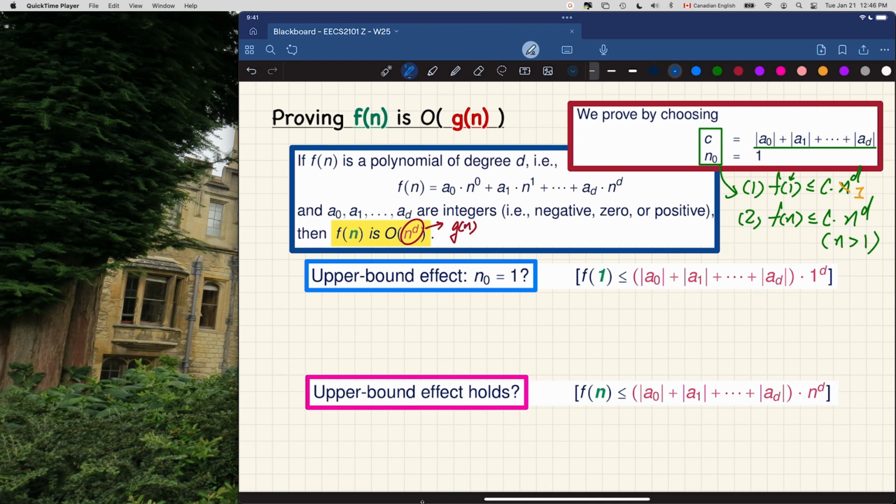So I got here f of 1. And then why don't we simply replace this N here just by 1 and see what's going to happen, right?